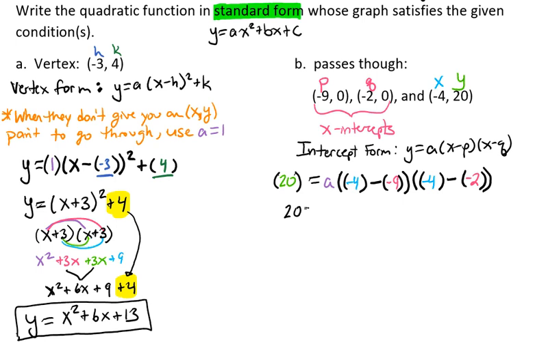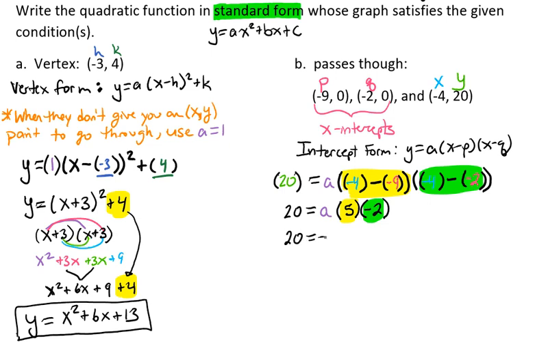So in here we have 20 equals a times 5 times -2. So what I did was I evaluated this first piece to get the 5, and then evaluated the second piece to get the -2. And now I want to solve for a.